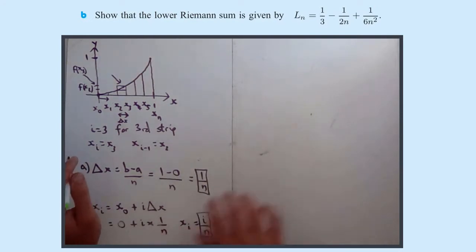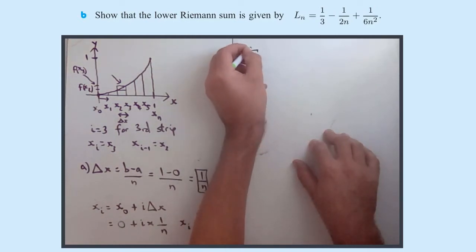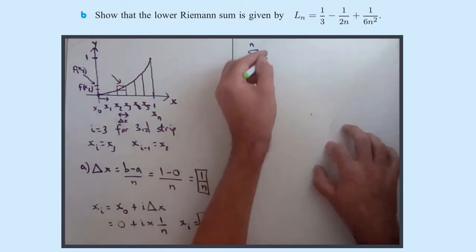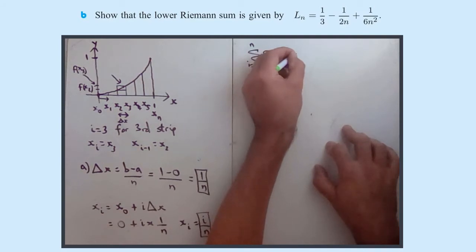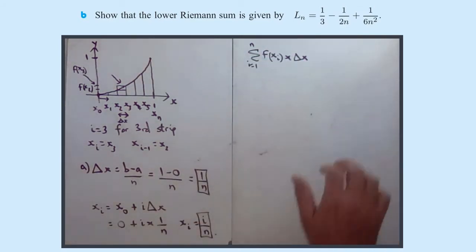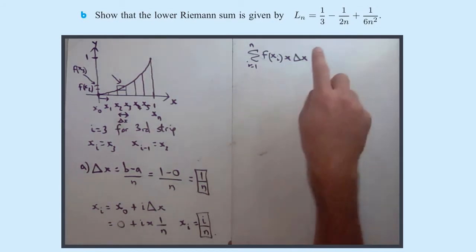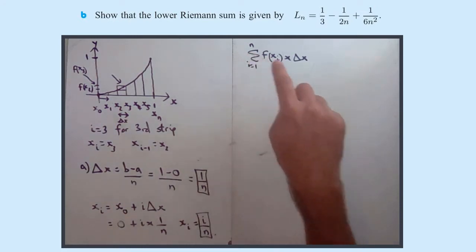Remember, the Riemann sum is the sum from i equals 1 to n of all the f(xi) times delta x. So what all that means is f(xi) is the height of the rectangle, delta x is the width of each rectangle. This just means add them all up, right?